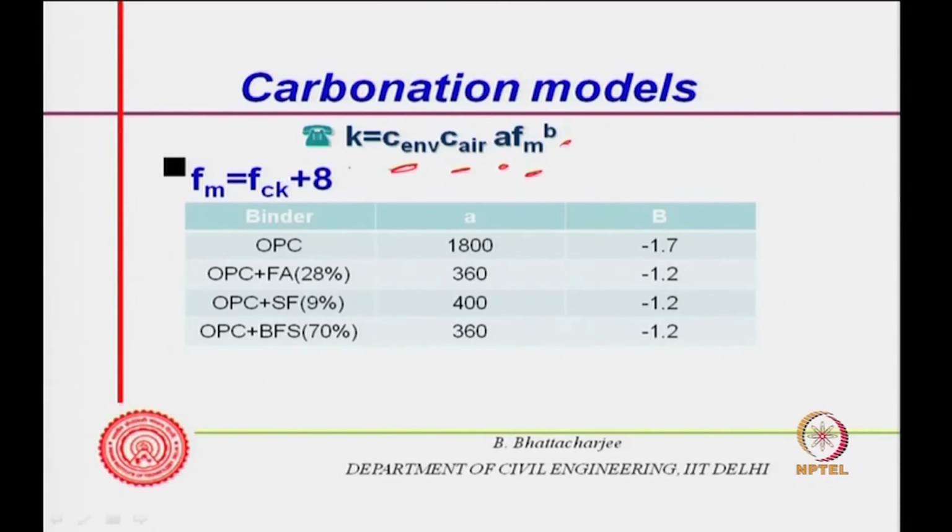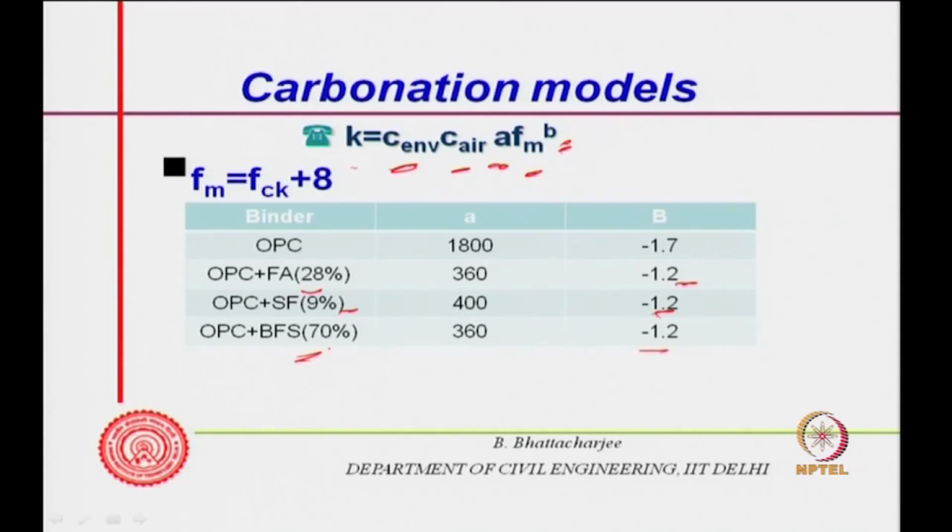So, that means K will be higher, but B is also minus 1.7. So, this is higher, but this minus 1.7 means the higher the strength, actually K would be lower, compared to, let us say, fly ash, silica fume or blast furnace slag blends.